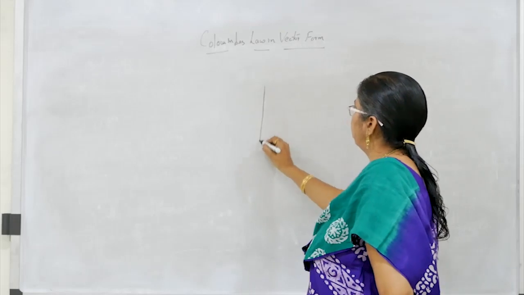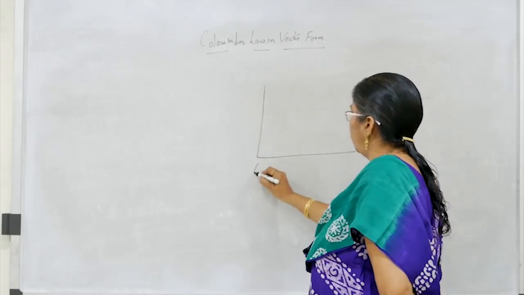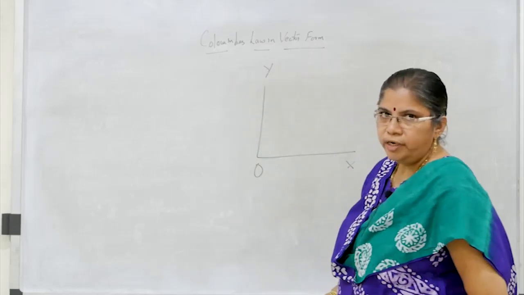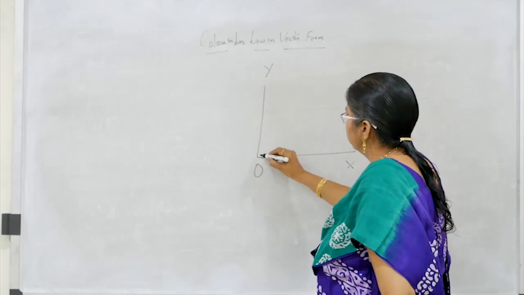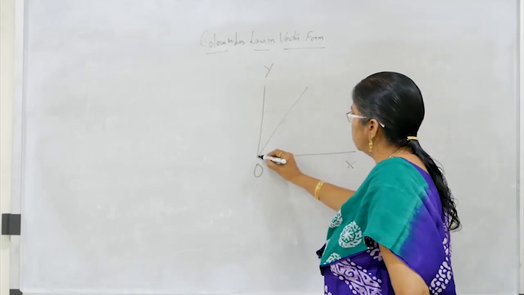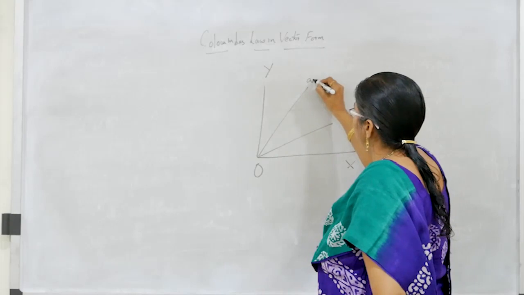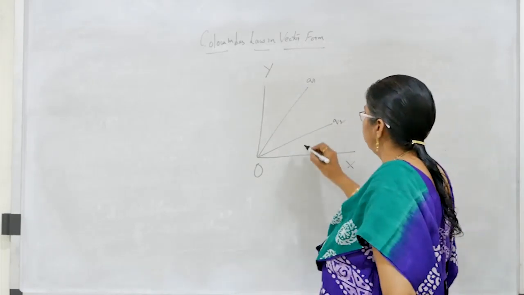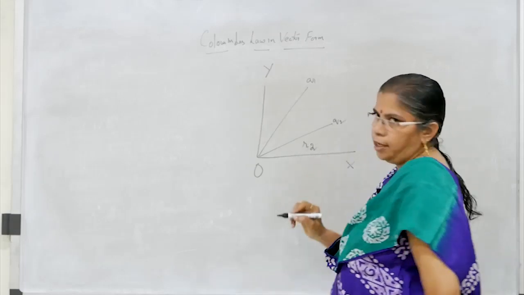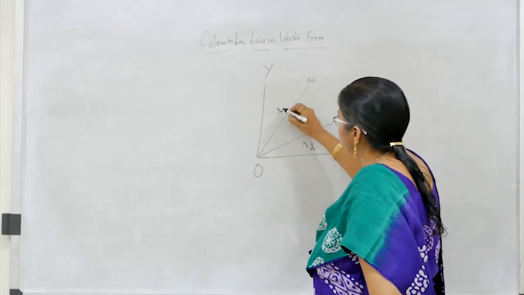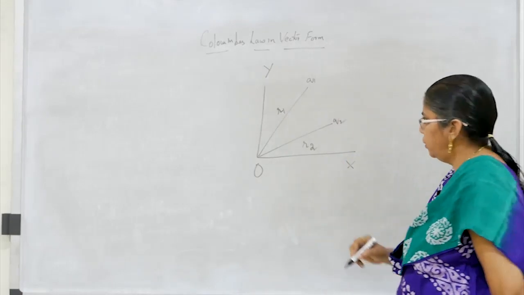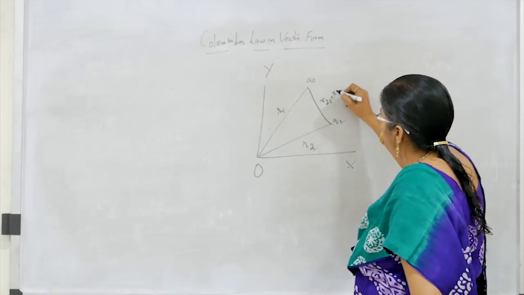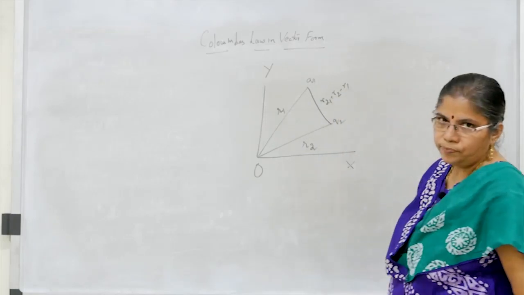I take here O, X, Y. So X and Y axes I have taken, and I have taken two charges Q1 and Q2. R2 is the position vector for Q2 and R1 is the position vector for Q1, and R21 is given by R2 minus R1.